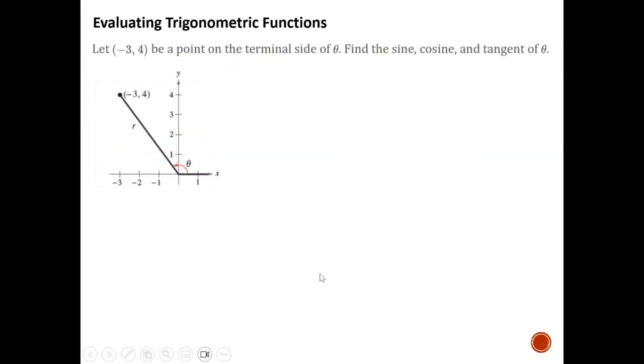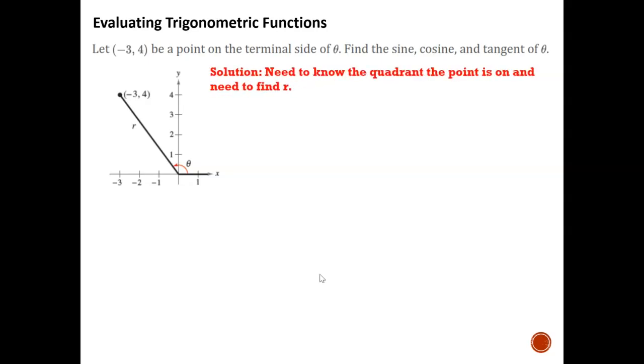Okay, now example. It says here, let the point negative 3, 4 be a point on the terminal side of theta. Find the sine, cosine, and tangent of theta. Okay? So here, guys, we need to know the quadrant the point is on.